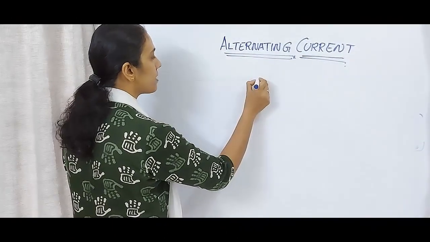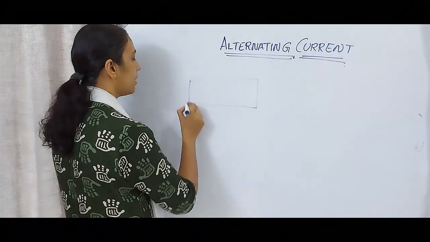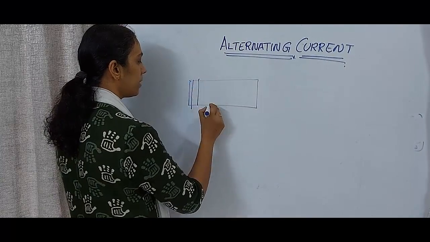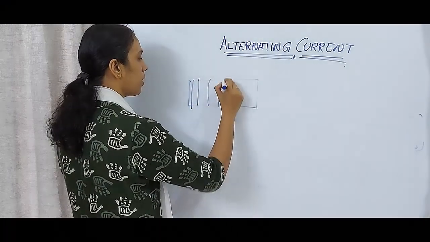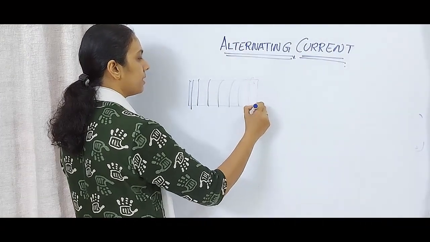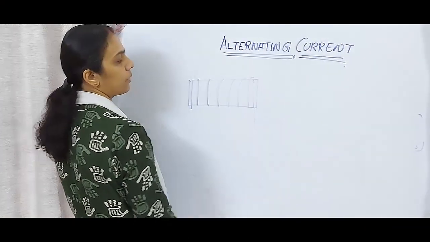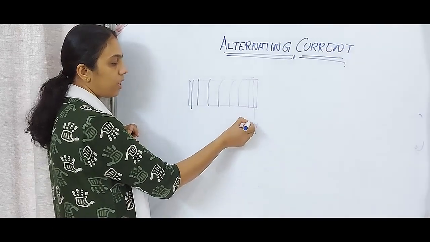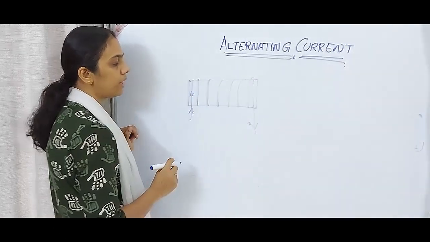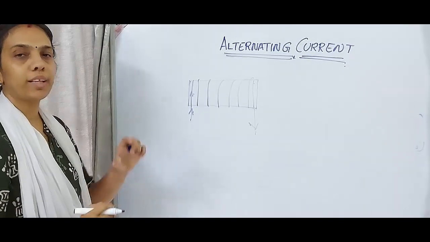Here a coil is wound like this, and this is the current flowing through it.